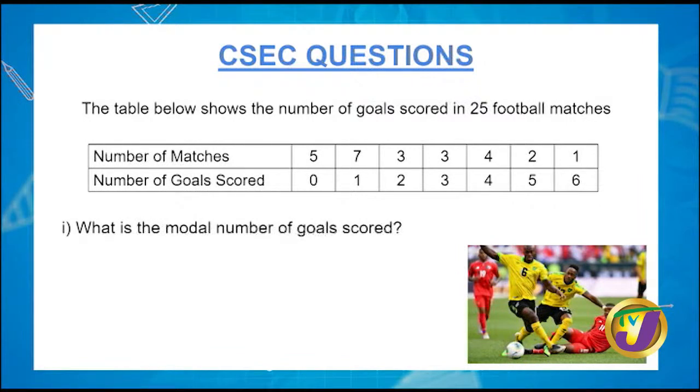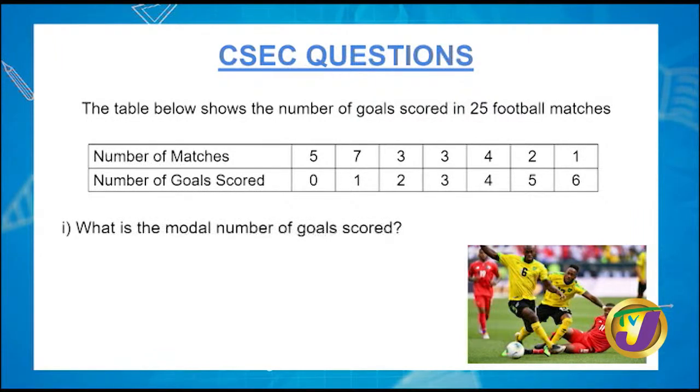So, what is the modal number of goals scored? We're trying to look for the highest frequency first because we're looking for a modal value. That is the first thing we're trying to pick up, the highest frequency. And we're saying the number of matches gives us the frequencies. Therefore, I'm seeing the largest value in that to be 7.